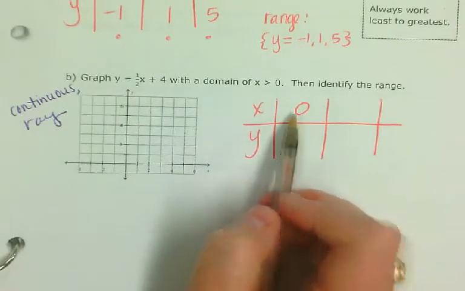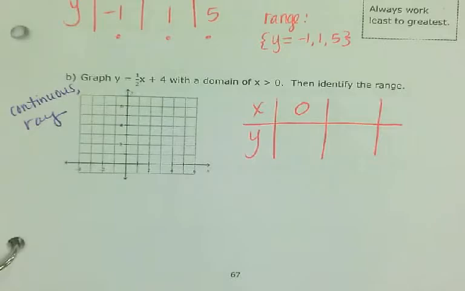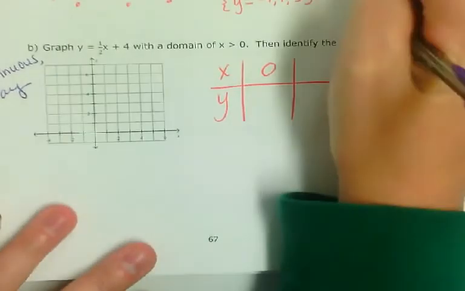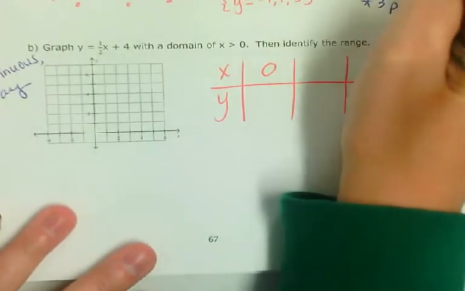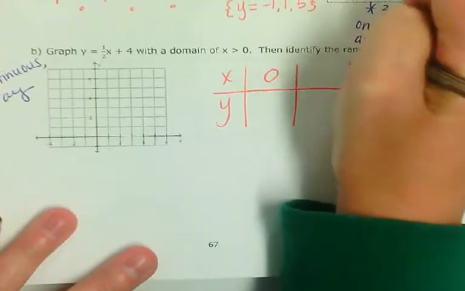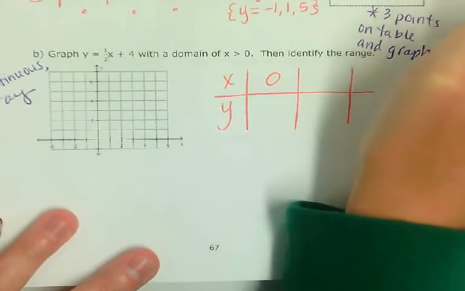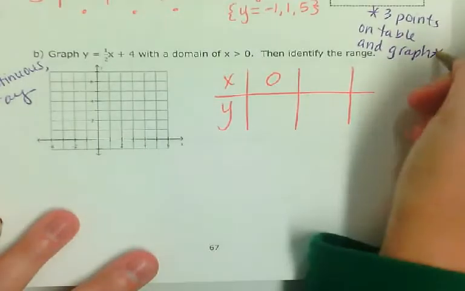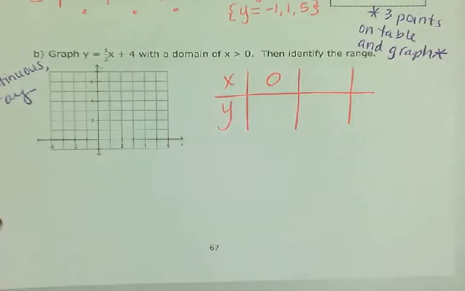Now, rule of thumb is 3 points on a table or on a graph. Okay? So if you need to write that down, 3 points on table and graph. Unless it's a discrete function and it's only like 1 or 2 points. But other than that, rule of thumb is 3 points to create a table and to create a graph.